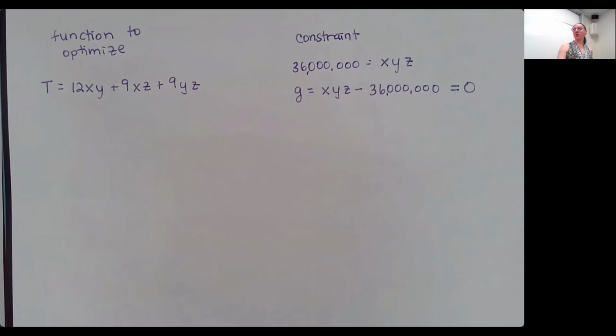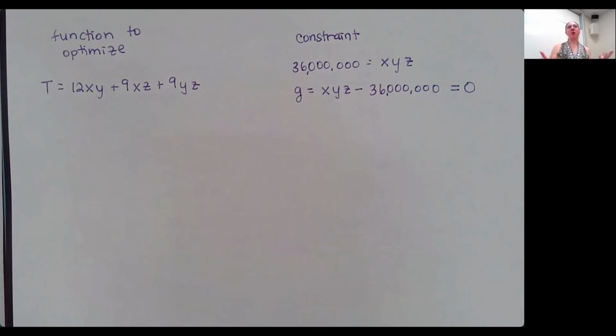So what the Lagrange method says is now I've got these two functions and I know that they're related, right? Because one of these is a constraint on the other function. So if I've got these two functions that are related, then taking the partial derivative of x in one function should be proportional to taking the derivative of x in the other function.